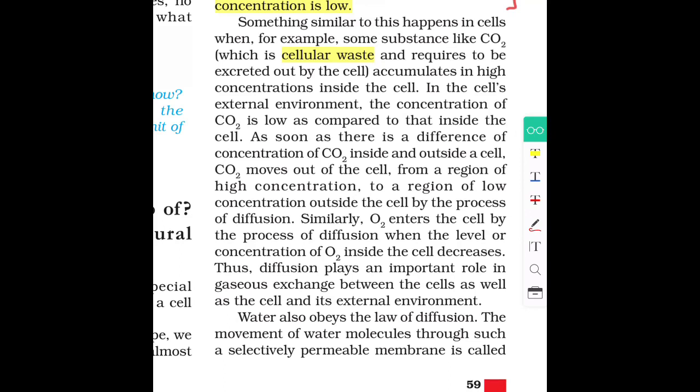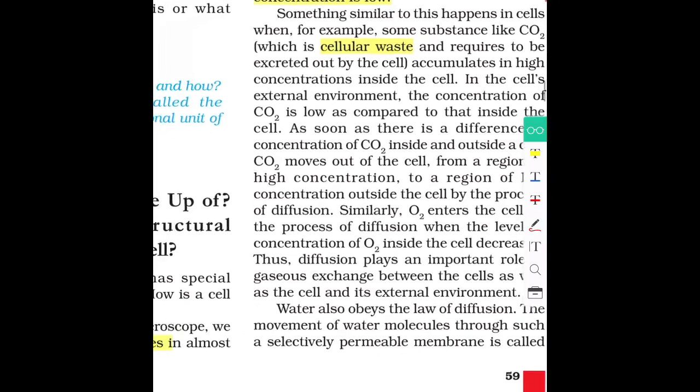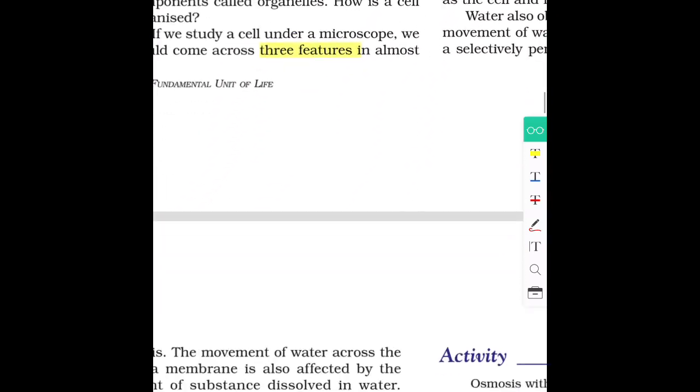Now, we know that another material to be exchanged is water. Does water follow the law of diffusion? Yes. Water also obeys the law of diffusion. The movement of water molecules through a selectively permeable membrane is called osmosis.